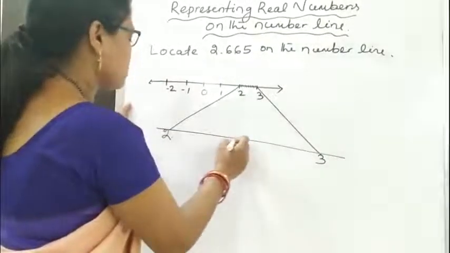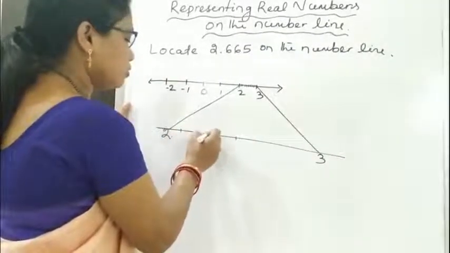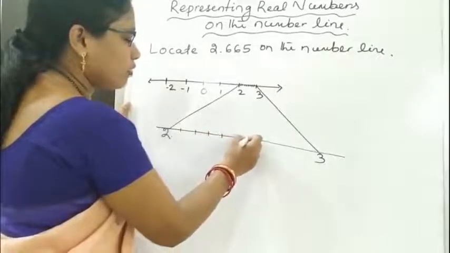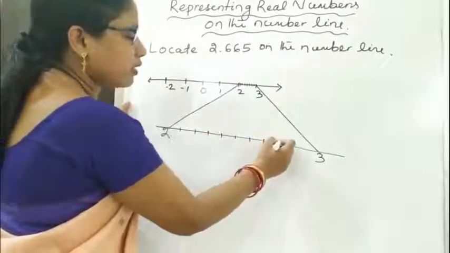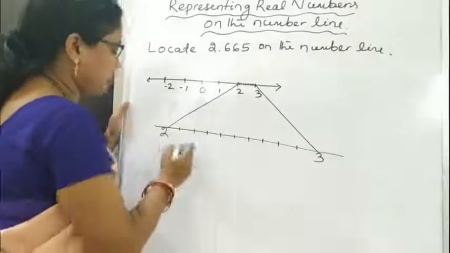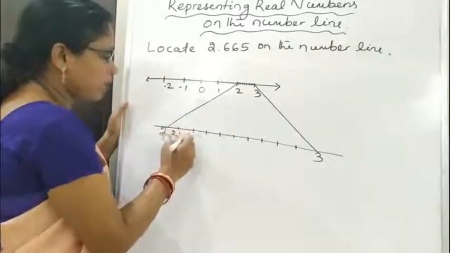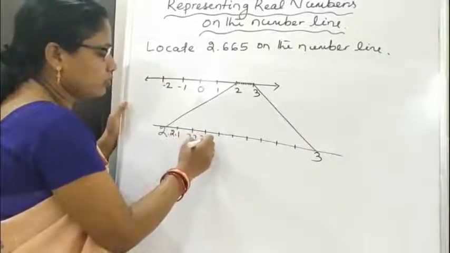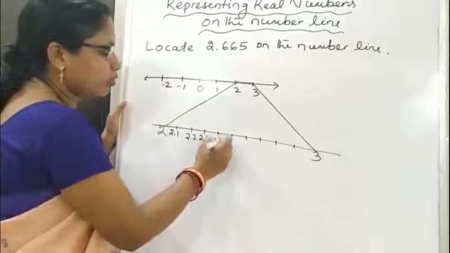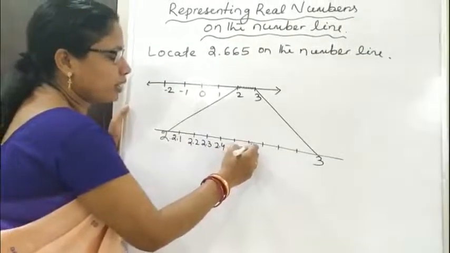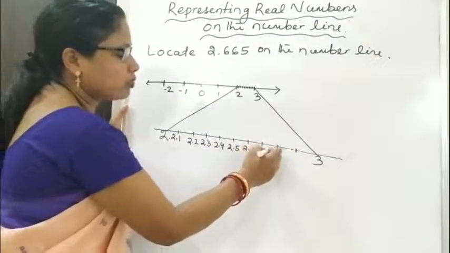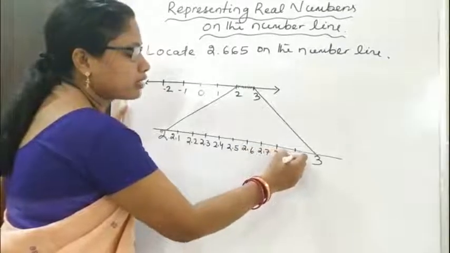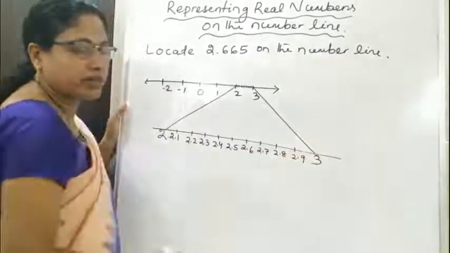So this is 1, 2, 3, 4, 5, 6, 7, 8, 9 and 10. So this is 2.1, 2.2, 2.3, 2.4, 2.5, 2.6, 2.7, 2.8, 2.9 and 3.